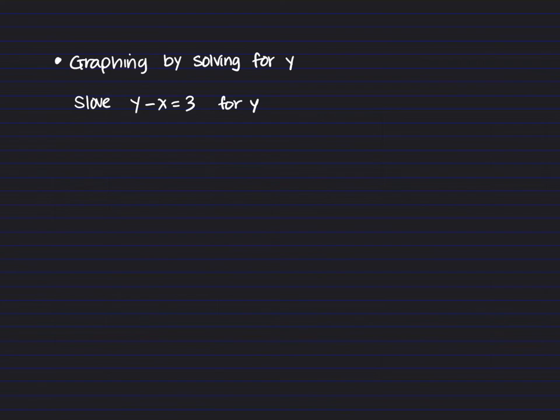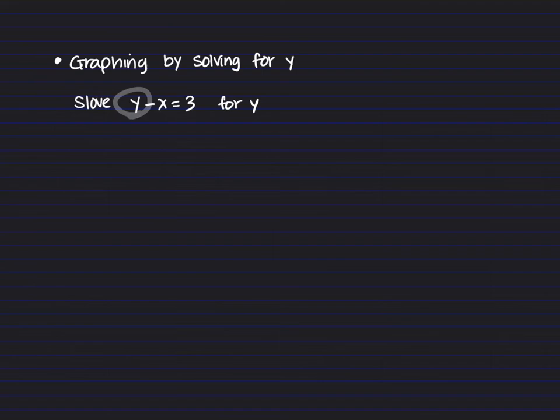If you recall our previous lesson on solving for a variable, you leave the variable that you want to solve for on one side and put all the other parts of the equation on the other side. In this case, we have y, and we want to put everything else on the right side.